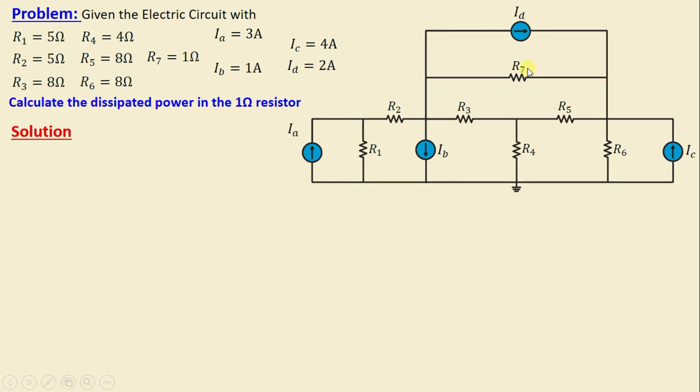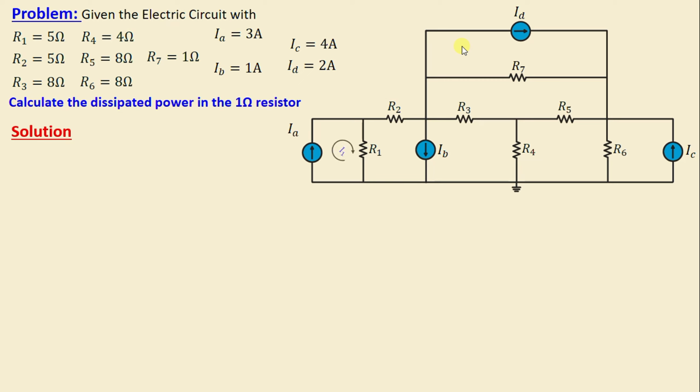First, let's begin by defining the number of meshes. In this network, it's evident that there are 7 meshes. This is mesh 1, mesh 2, mesh 3, mesh 4, mesh 5, mesh 6 and mesh 7. Now let's proceed to assign the mesh currents in this network.